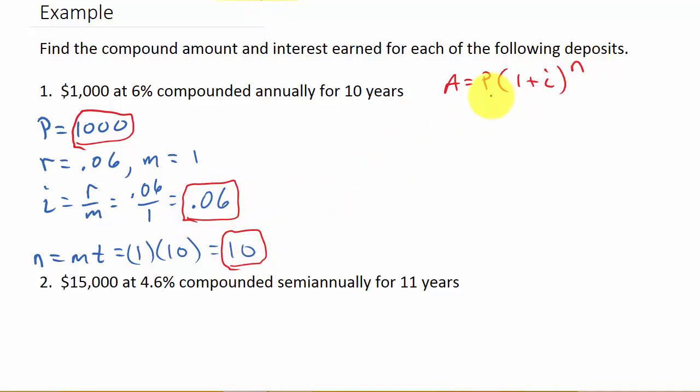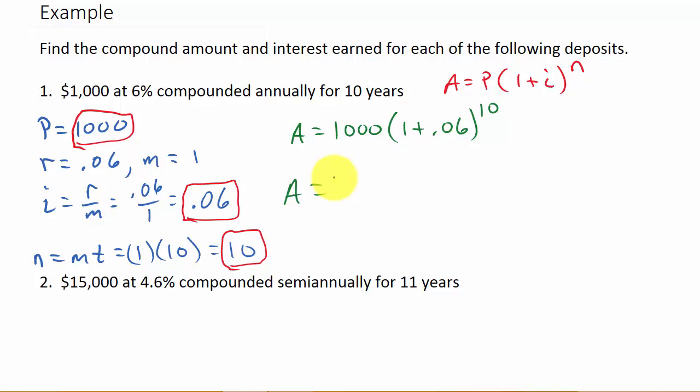So now we can calculate our compound interest. So A is equal to 1,000 times (1 plus 0.06) raised to the 10th. So I plug the 0.06 in for I and the 10 in for N. And so that's going to give me A is equal to, now the best way to do this is, well, we know 1 plus 0.06, that's 1.06.